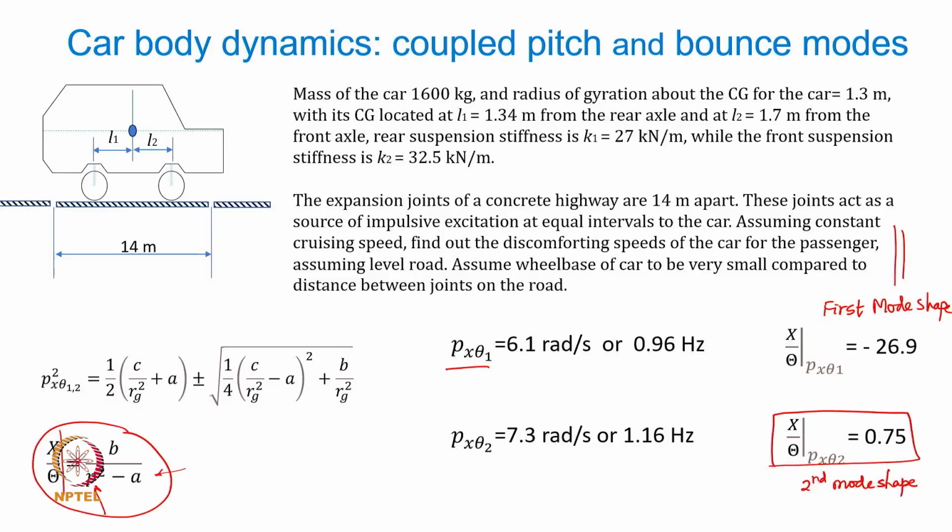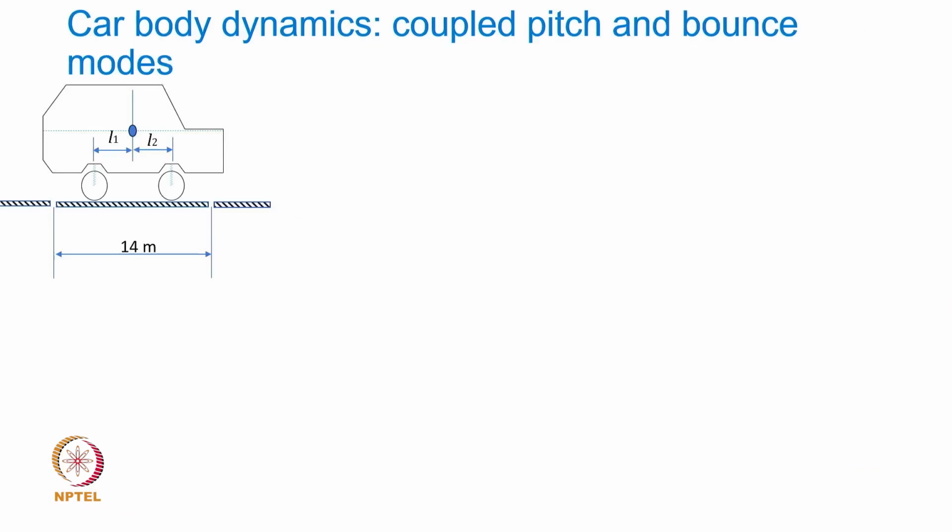Let's look at what these numbers mean in terms of the way the car body vibrates. So, what we are going to look at is how I decide the shape of its movement in free vibration. So, let us take the first mode shape here, x over theta is equal to minus 26.9.